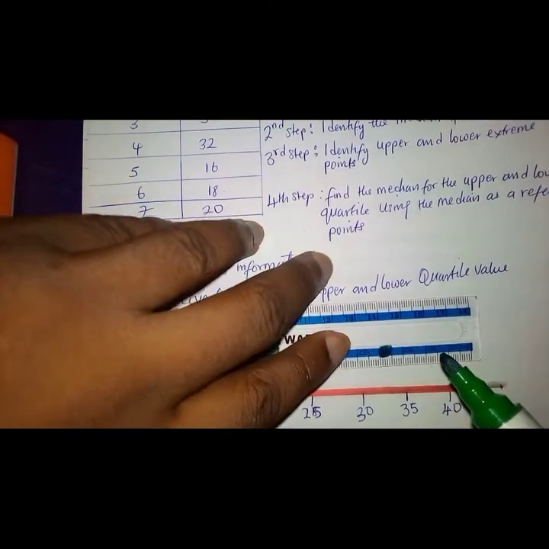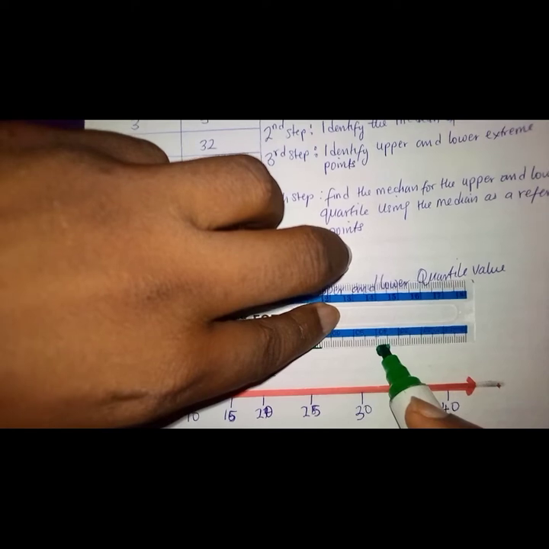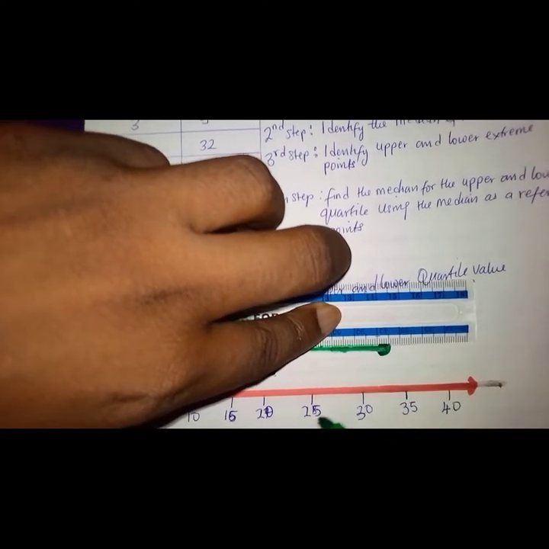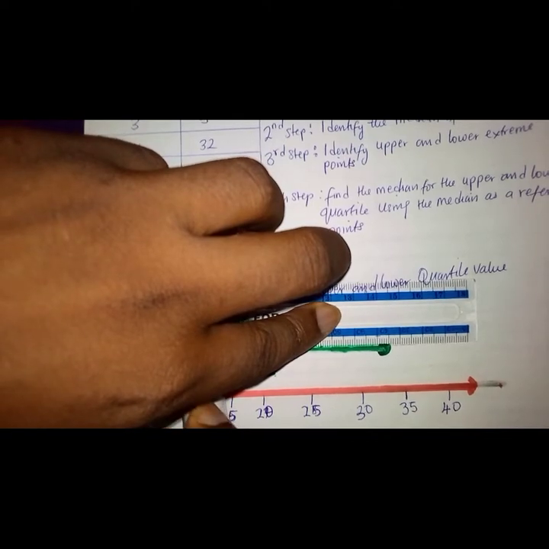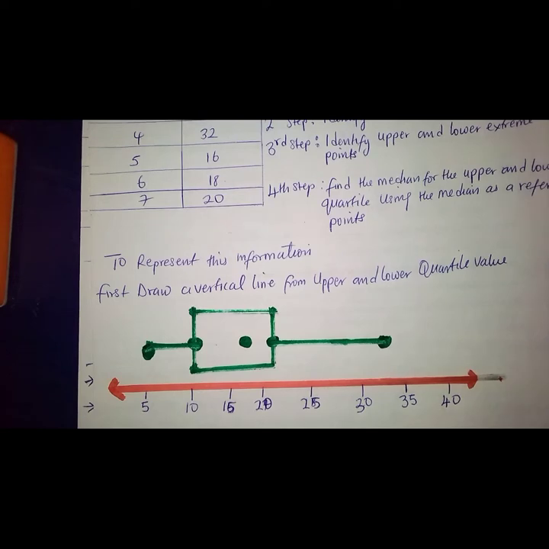Once we have done this, we connect this line with this one. We also connect this one with this one. So this is how a box and whisker plot is done.